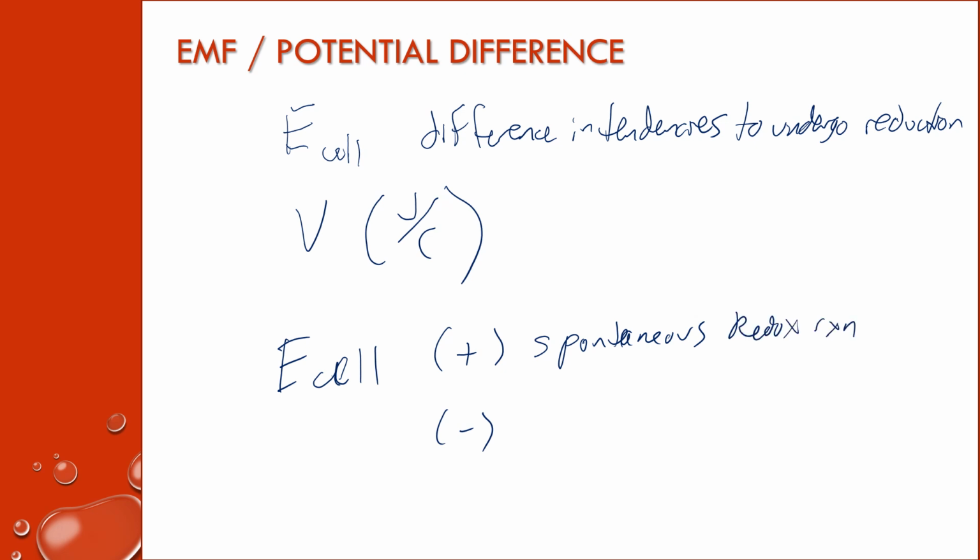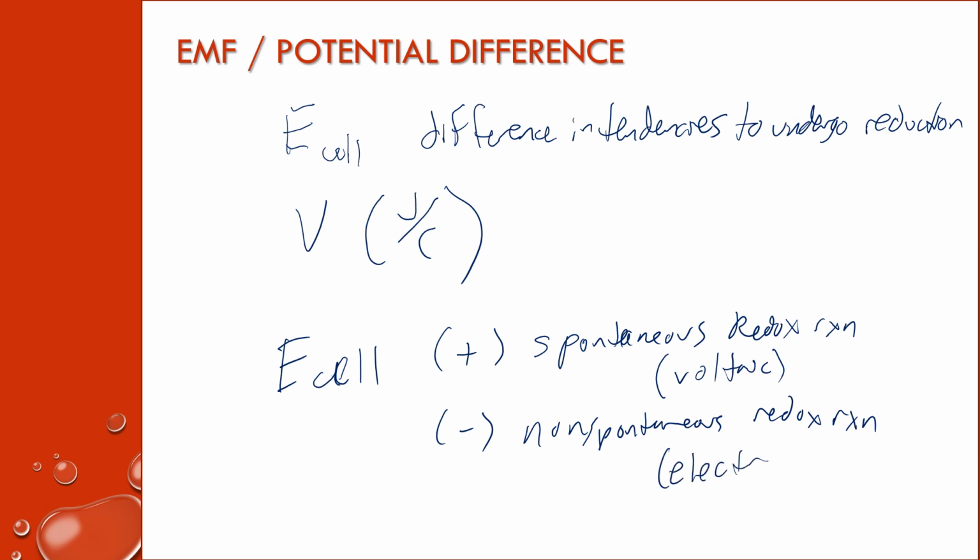And that means you do not need to input any energy for that to happen. So we're typically looking at voltaic cells for this. If your overall cell potential is negative, then it is a non-spontaneous redox reaction. And that means you have to put in energy of some kind. So that is typically an electrolytic cell.